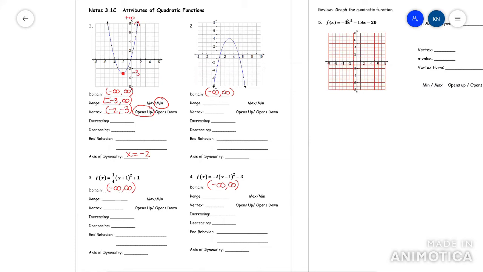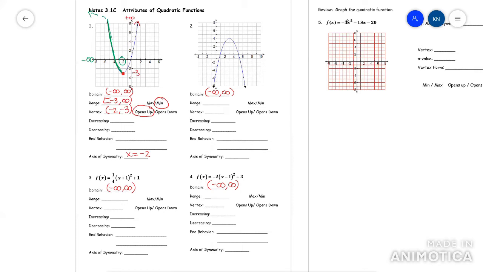Now, increase, decrease is a little different. You read it left to right like a book. So this green section of line here is decreasing. And when you answer this, you want to answer using your x values. So it's decreasing from an x value of -infinity, because remember it goes left forever. It's decreasing from -infinity until -2.